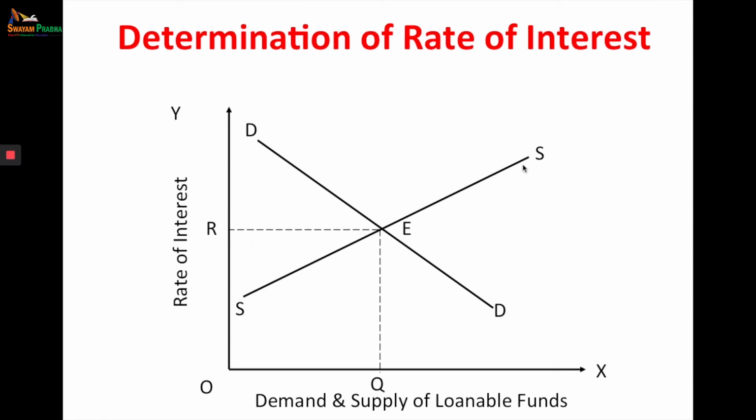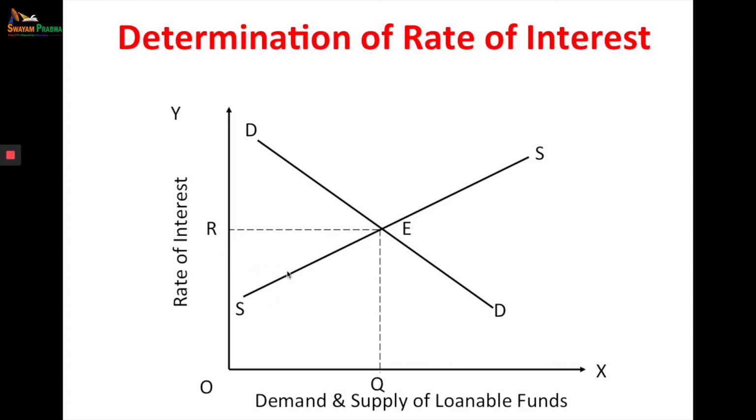SS is the supply of loanable funds, DD is the demand curve for loanable funds. The supply curve shows a positive relationship with rate of interest, and the demand curve shows an inverse relationship between demand for loanable funds and rate of interest. Higher the rate of interest, lower the demand for loanable funds. Lower the rate of interest, higher will be the demand.